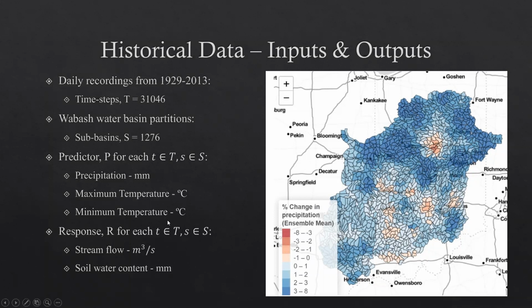What we'd like to do is, taking those three inputs, predict the stream flow and the soil water content. We would like to do so over a span of days. So maybe if we're allowed to observe the last month, we would like to use that data to predict what the stream flow and soil water content are going to be over the next month.